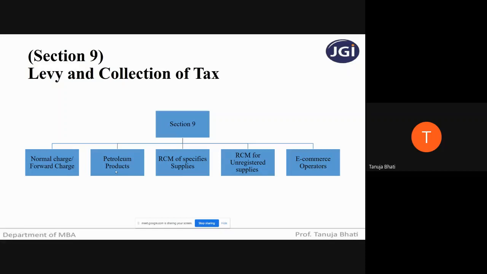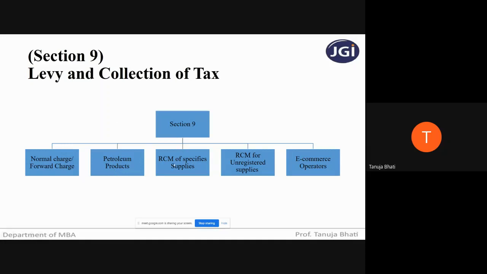It would be levied from the date notified by the government. So remember, under forward charge, the supplier pays tax to the government. In case of the 5 petroleum products, as on date, no tax is levied. It would be levied on a particular date, and that date will be notified by the central government.